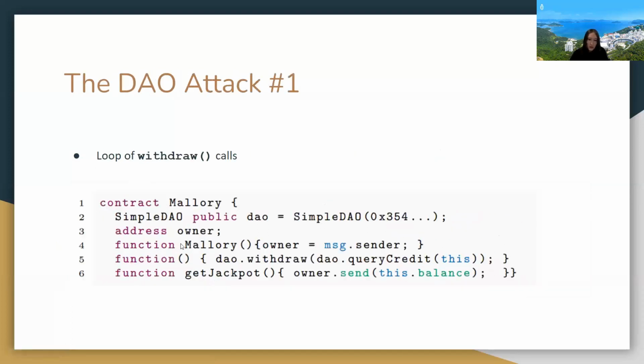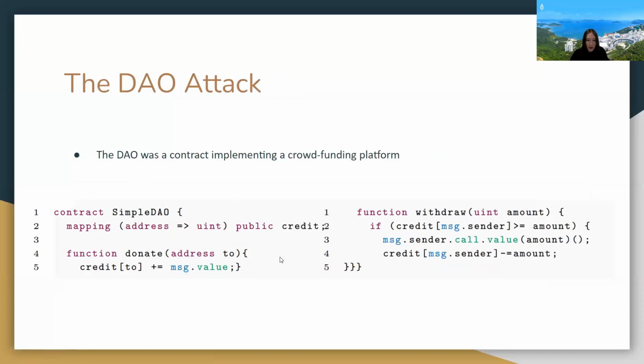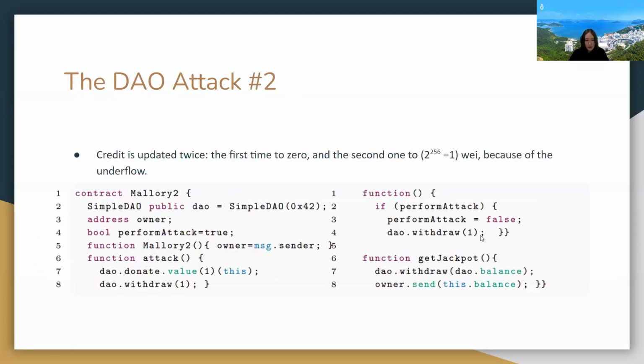The credit value increases by 1. Then when we withdraw it, it decreases again and goes to this call. When the call is executed, it goes to the fallback function of the malicious contract. Here we do withdraw again, but just 1 wei. We don't have a loop here because we have this flag, perform attack, set to false. So with just 3 operations, we can perform this attack.